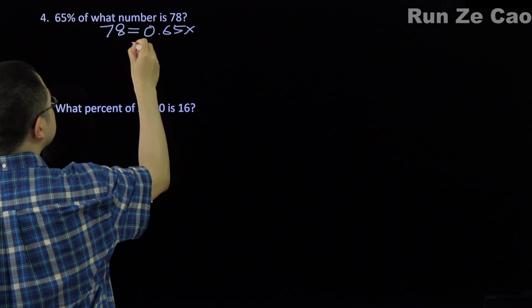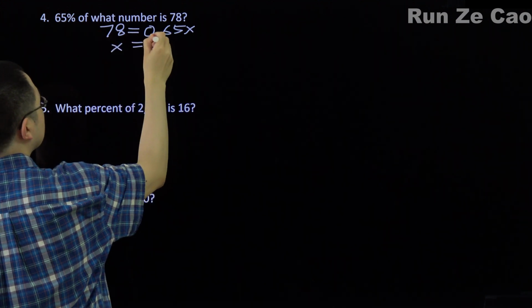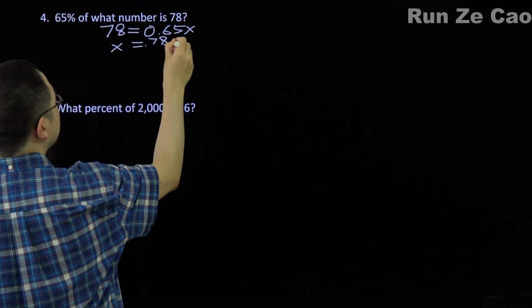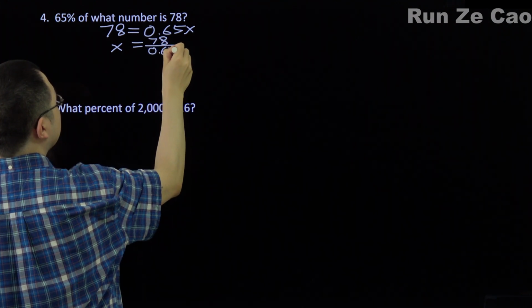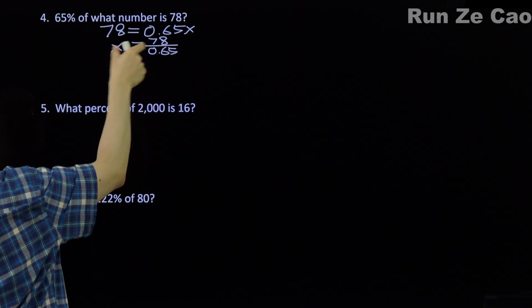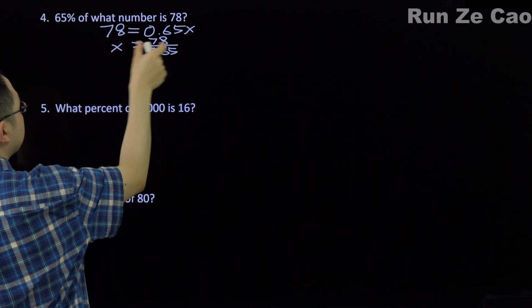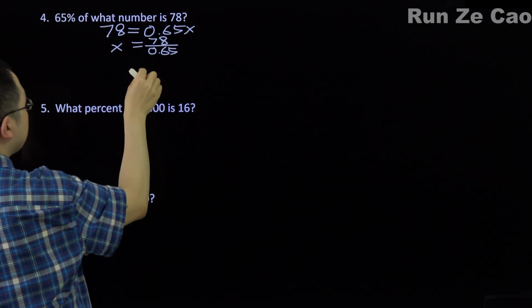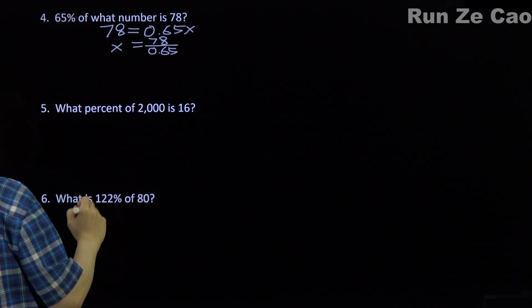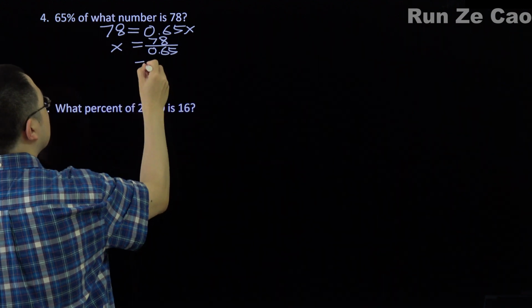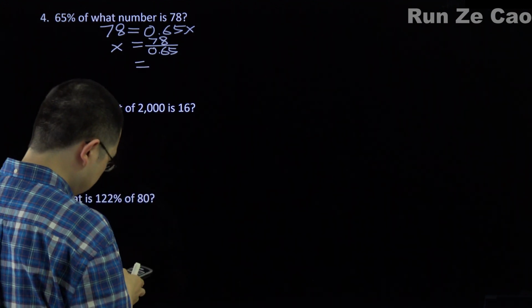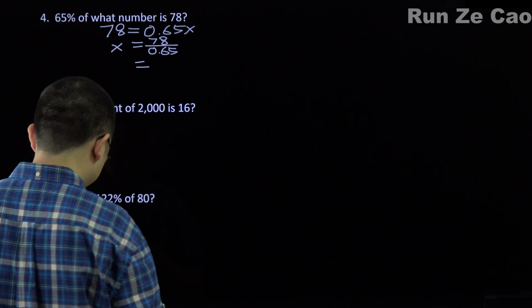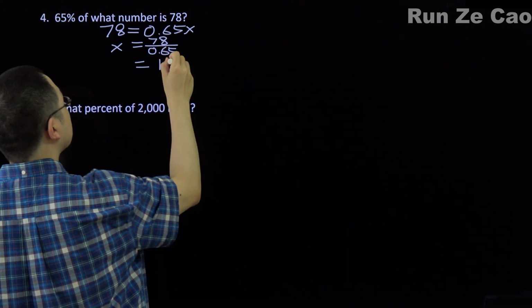So x is equal to 78 divided by 0.65. If you're not comfortable, you can have 0.65 moved over, and then on the next step you can flip the thing. 78 divided by 0.65 is equal to 120.